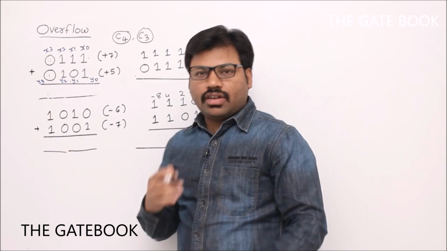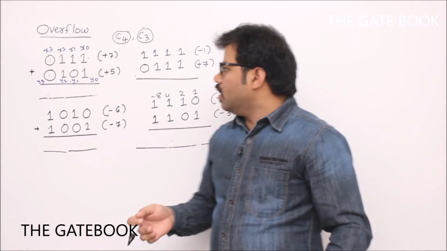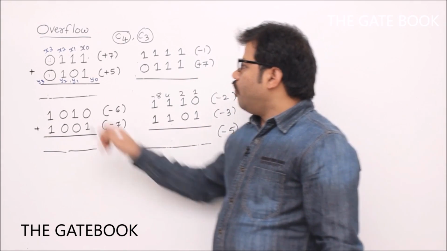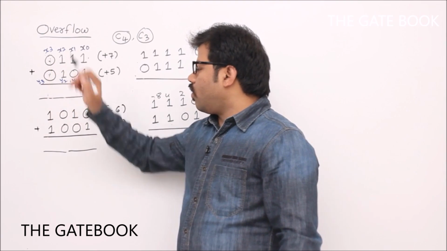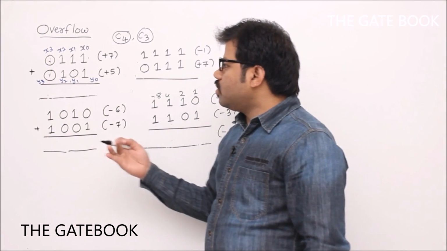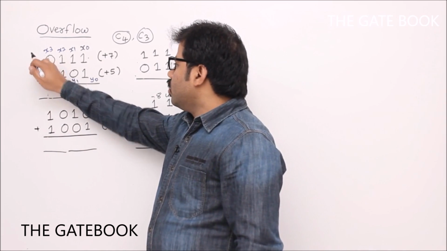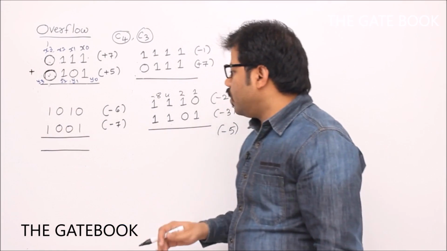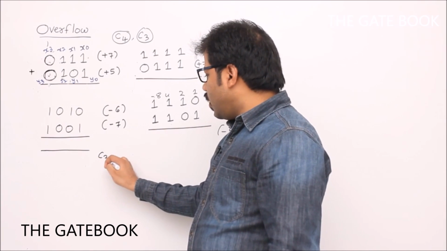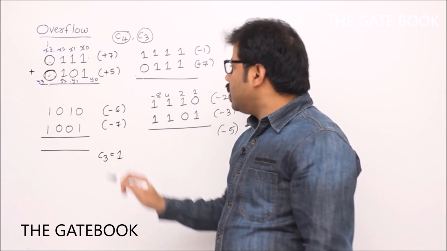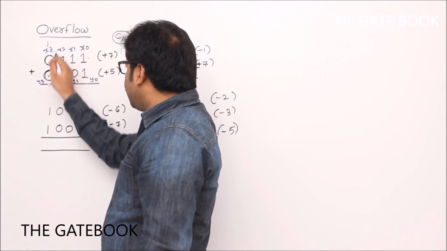We will see that. For that, I am going to develop a small theory. So first of all, one thing: when these two bits are zeros, then you never get a carry, correct? So remember one thing, when these two bits are zeros, what is going to happen, you see? Assume that, let's say, C3 is 1. So C3 1 means what? From this section a carry is coming.